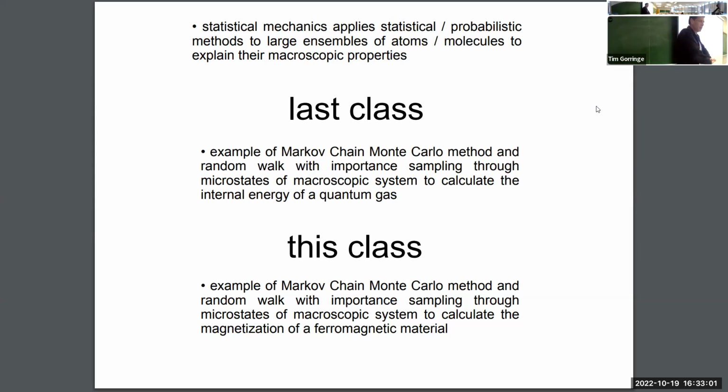This class and the previous class is kind of a week of statistical mechanics or thermodynamics. We're looking at problems involving macroscopic ensembles of atoms and molecules, and we're looking at how to solve the properties of those macroscopic ensembles using Monte Carlo methods, using random number generation.